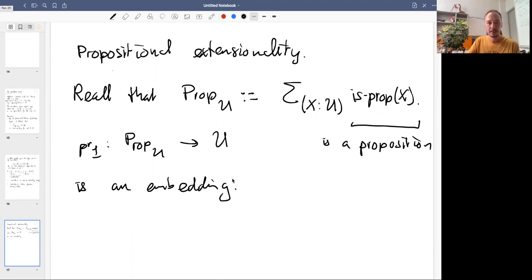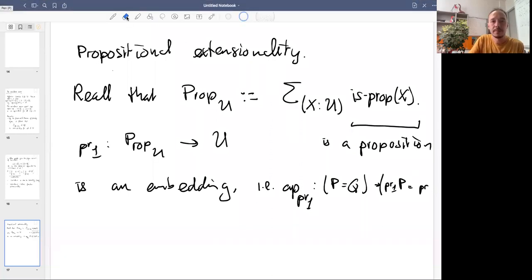And if you need to recall what an embedding is, i.e. the action on paths of pr1, for this particular pr1, not in general, this goes from P equals Q to pr1 P equals pr1 Q. Let's just put that all on a new line.